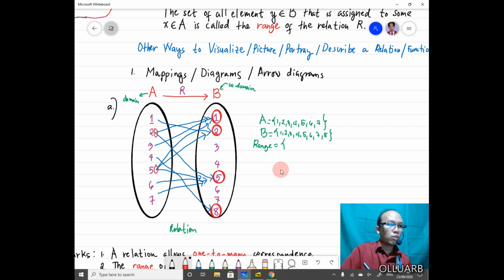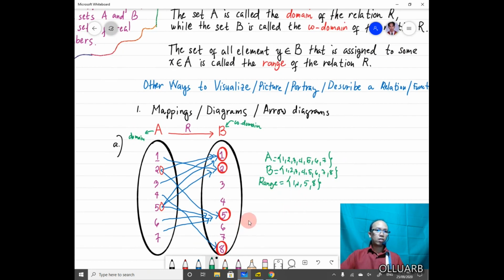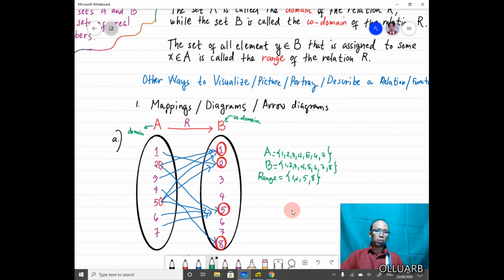So the range is 1 2 3 5 and 8 only. As a remark, the range is always a subset of the codomain. Why a subset?